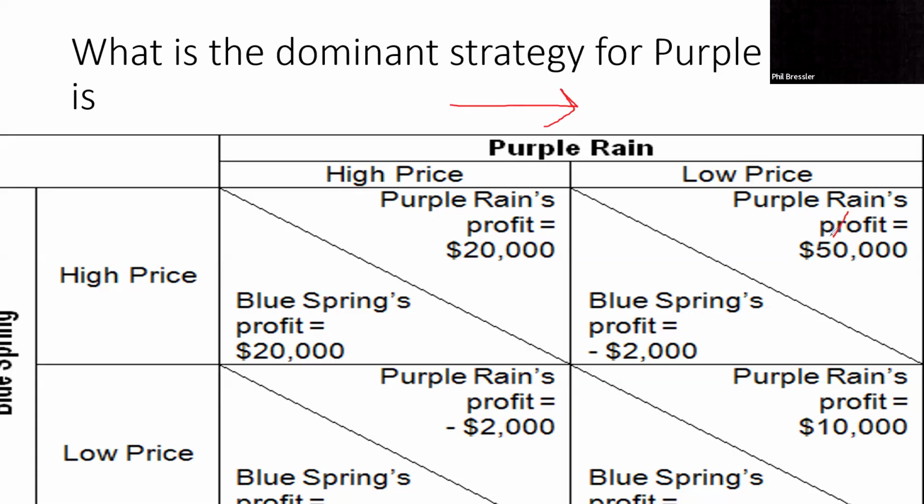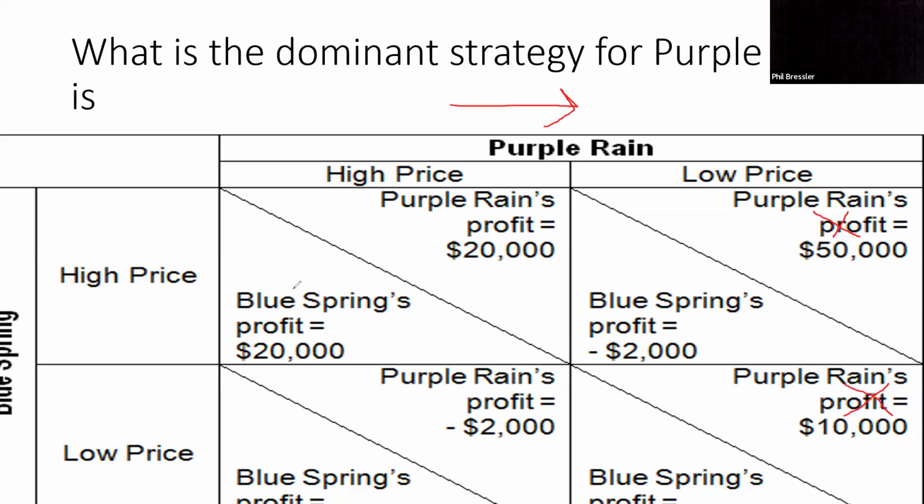I'm going to use an X for Purple Rain. I'm going to go low and make 50. If Blue Spring goes low, Purple Rain can make 2,000 or 10,000. They're going to make 10,000. Dominant strategy is low. The reason it's a dominant strategy is because no matter what Blue Spring does, Purple Rain's going to go low.